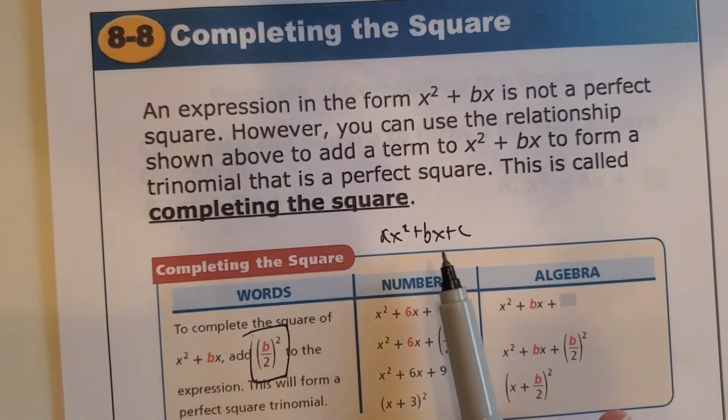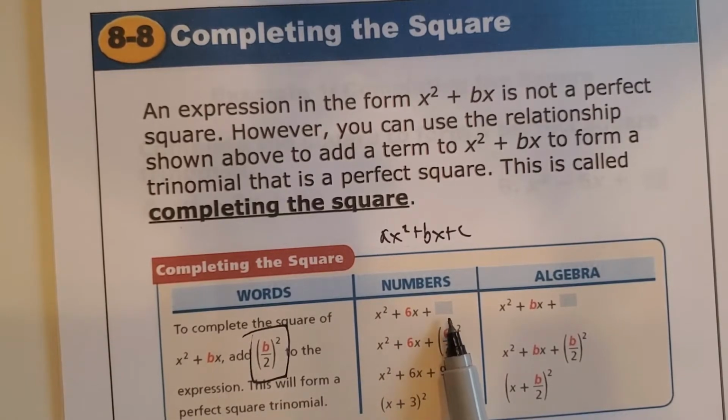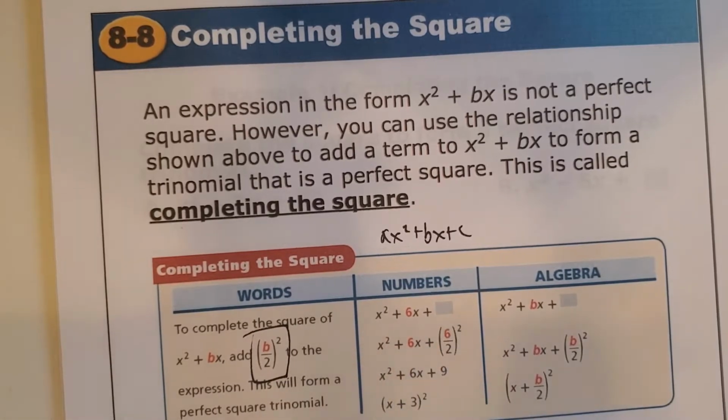So b is the coefficient of your x term. Our b value here is what's in red, it's 6. So what's going to go in this blank space is whatever you get when you do 6 over 2 squared. And again, order of operations, so you do whatever's in parentheses first. 6 over 2, 6 divided by 2 is 3.